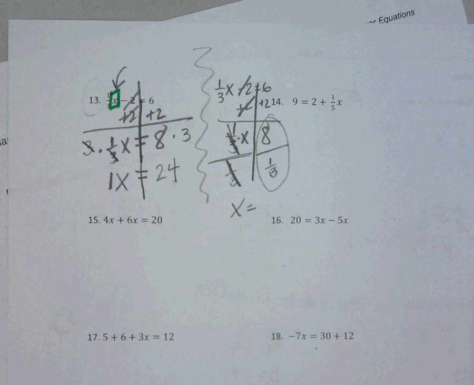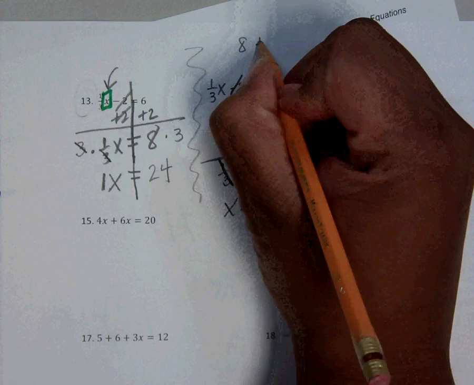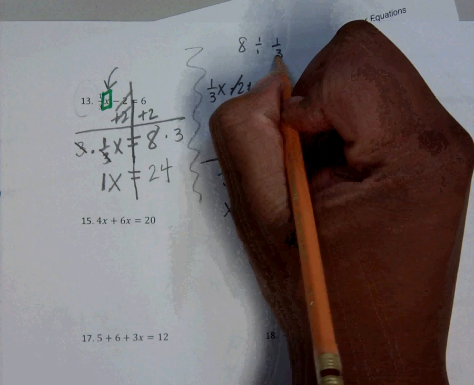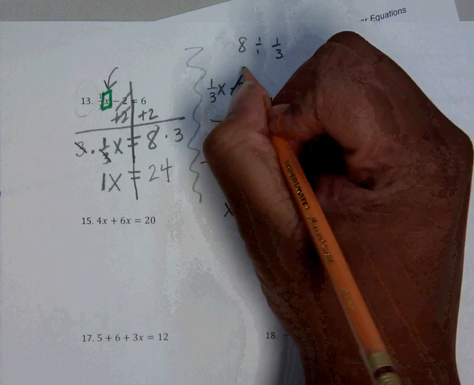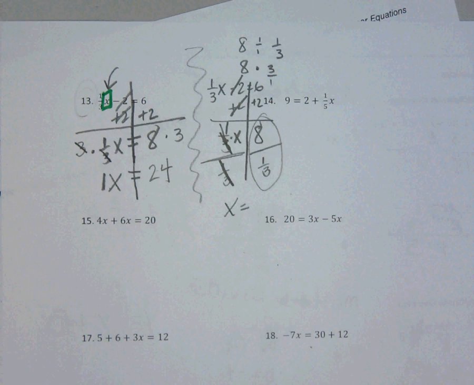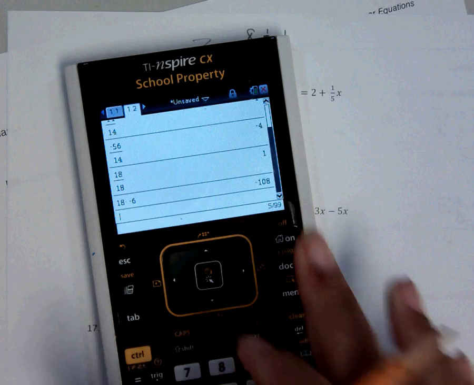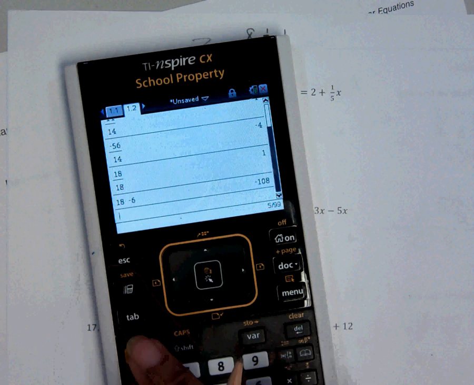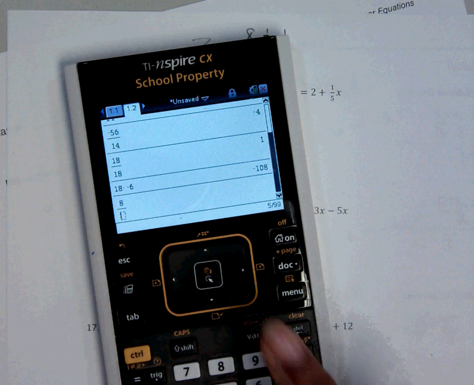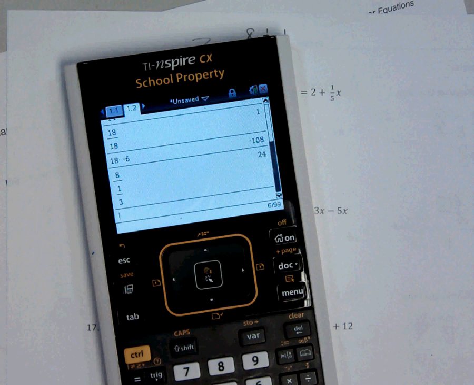You can use a calculator, or if you remember from 8th grade, 8 divided by 1/3, I think they used keep, change, flip. Times 3 over 1. So 8 times 3 over 1 is 24. Same answer. If you wanted to use the calculator, you could. Control divide, 8, and then down here you type 1 divided by 3, and you still get 24. Okay?